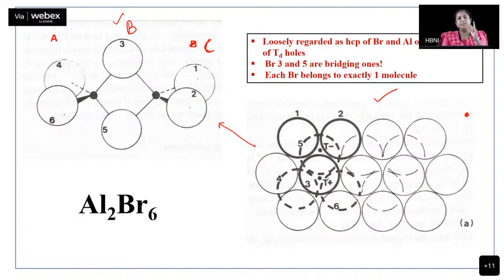So that means each bromine belongs to exactly one molecule of Al2Br6. Now, bonding of this bromine to the next bromine in HCP is rather loose. And why has this happened? Because of covalent effect in the bond, the ions tend to have lesser coordination number. They have lesser tendency to go three-dimensional in their bonding and periodicity.